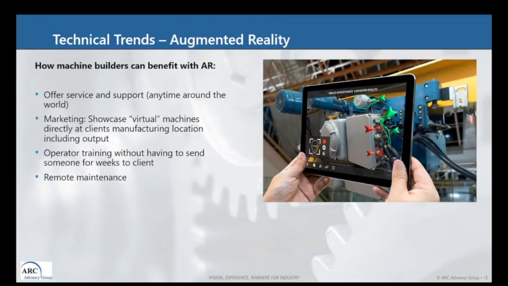So when a machine has a failure or shuts down, the OEM does not necessarily have to send someone over by plane, which might take hours or even days to reach the affected equipment or part, but can actually, in a very short period of time, work together with their client to fix the problem, showing them what they have to do on the premises through these augmented reality devices.